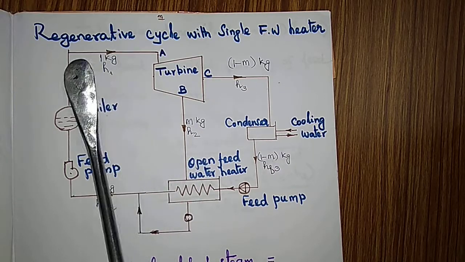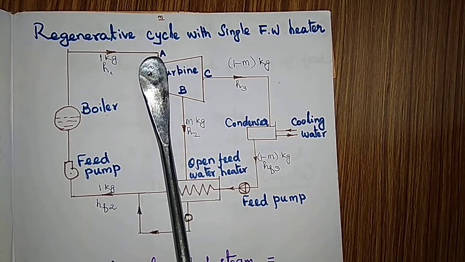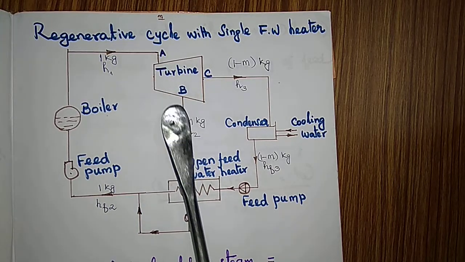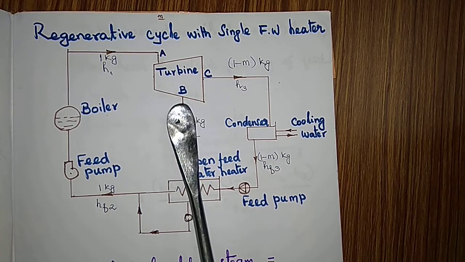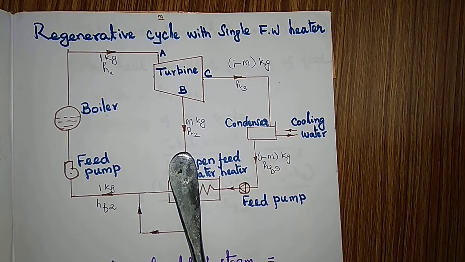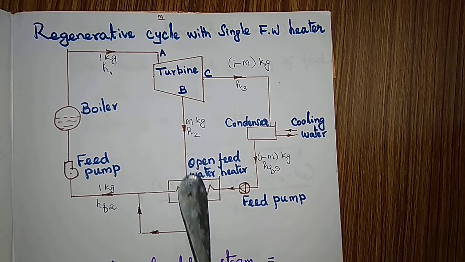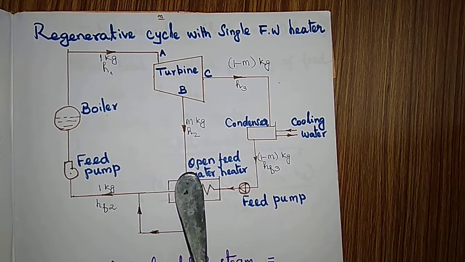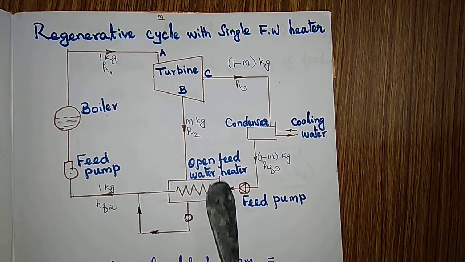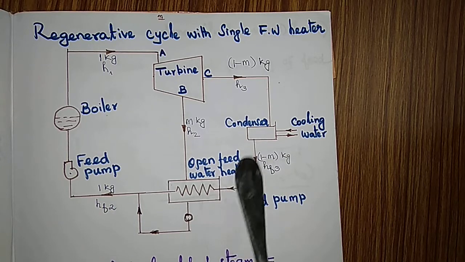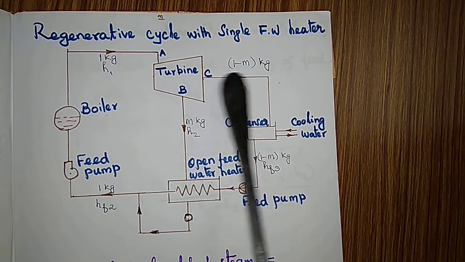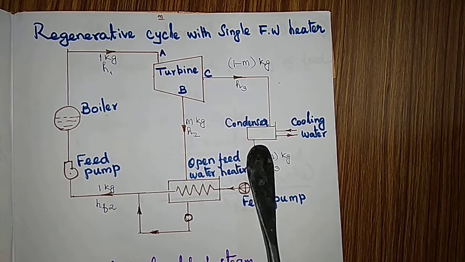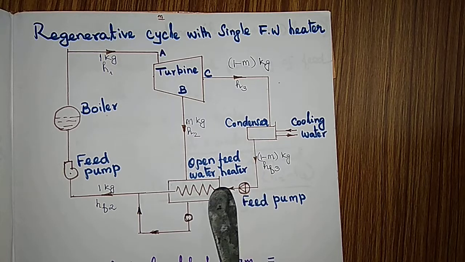Let us say 1 kg of steam is entering here in the first stage, but in between m kg of steam is bled, and the heat energy of this bled steam is used to heat the feed water, which is coming from the condensate, from the condenser.